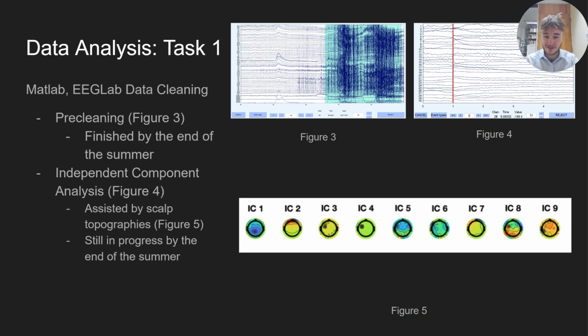So for goal one, data analysis involved MATLAB, EEG Lab, and data cleaning. This was a two-step process. The first step, data pre-cleaning, I finished by the end of the summer. This involved looking for and rejecting artifacts, as you see in figure three, the section I have highlighted.